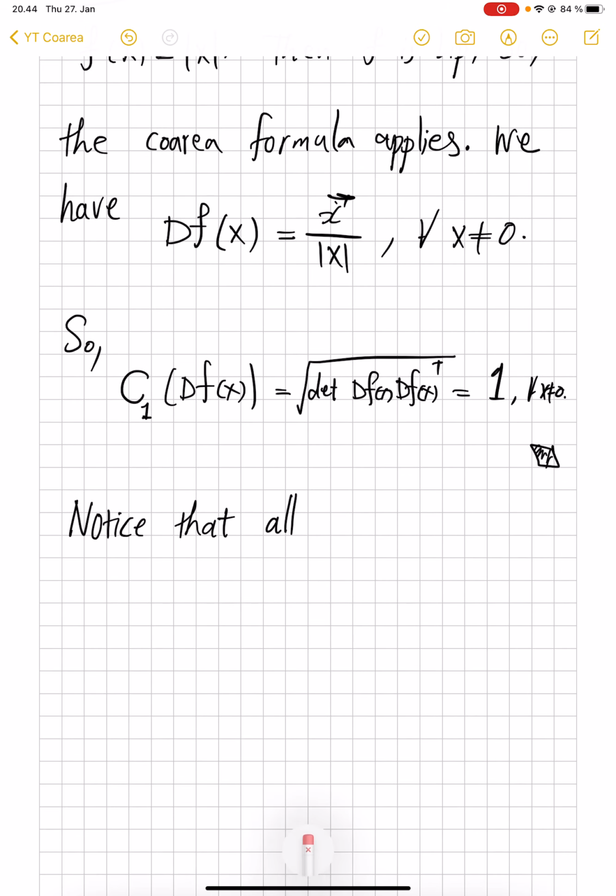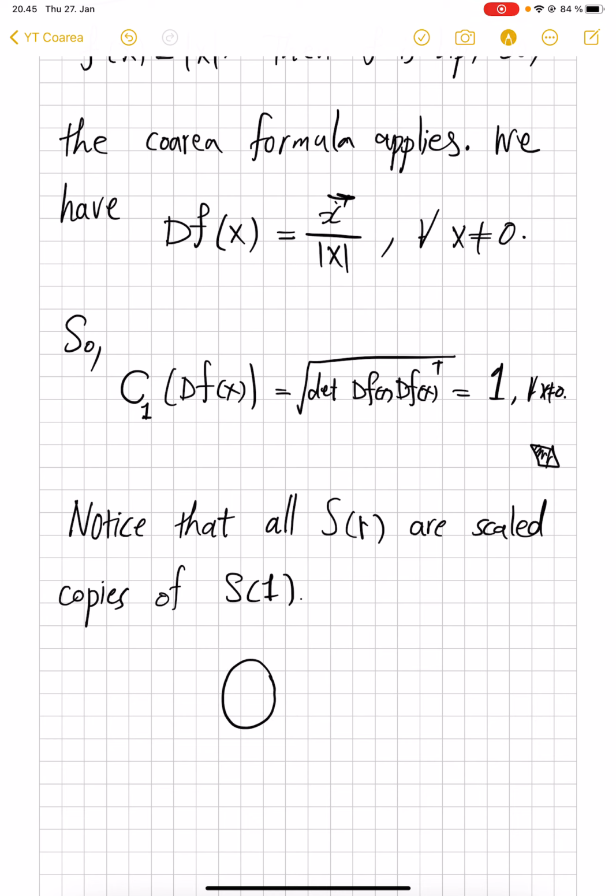So note that all spheres of radius r are scaled copies of the sphere of radius 1. In the R2 case, this will be the sphere of radius 1, and every other sphere you take is just a scaled copy of that.